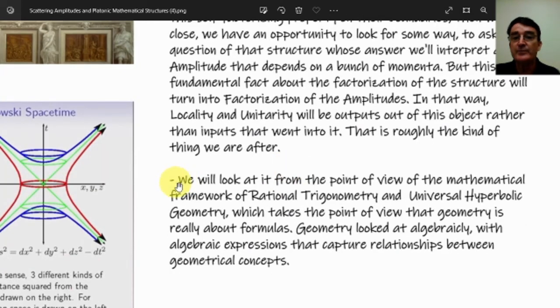So what I'll be doing in the next video is we'll look at this from the point of view of the mathematical framework of rational trigonometry and universal hyperbolic geometry, which takes the point of view that geometry is really about formulas. Geometry looked at algebraically, with algebraic expressions that capture relationships between geometrical concepts.